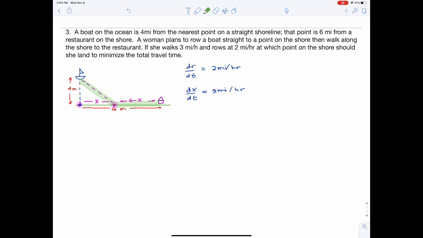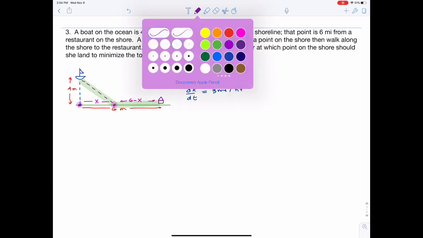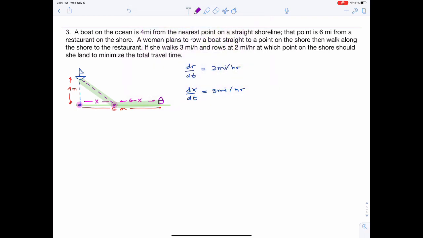But that doesn't quite help me because I'm not looking for the distance. So I need a formula that relates distance and time. Hopefully you are thinking distance equals rate times time. That is a formula that relates distance and time, and I can use it to solve for time.